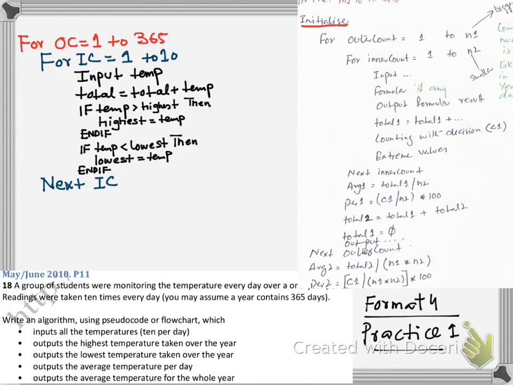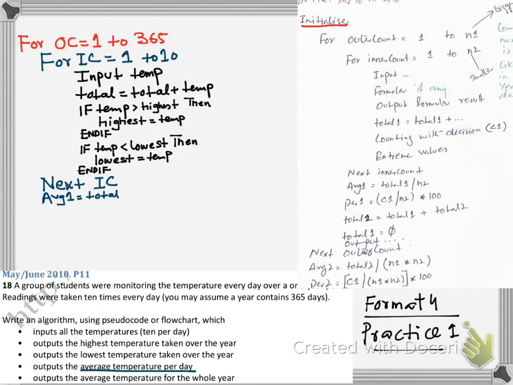Now, average 1. We need this average because they need us to have average temperature per day. So, average 1 is equal to, alright, we made one mistake.